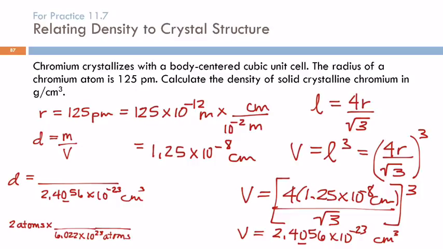51.9961 on the periodic table. One mole is Avogadro's number of atoms, and that weighs the number on the periodic table. So we've got 2 times 51.9961 divided by 6.022 times 10 to the 23rd.